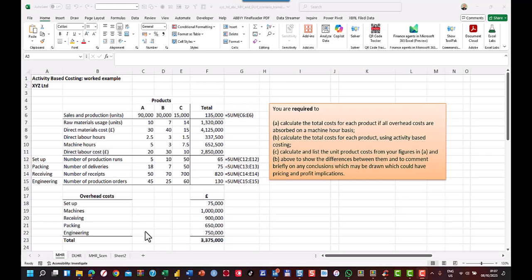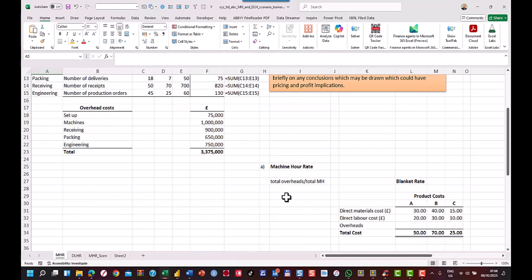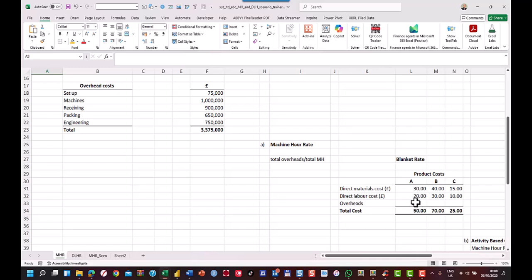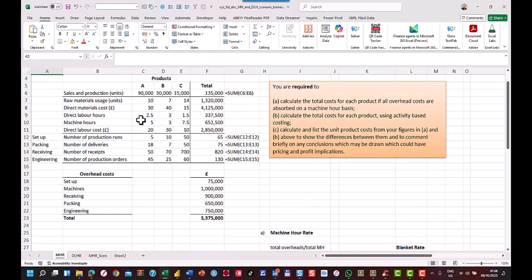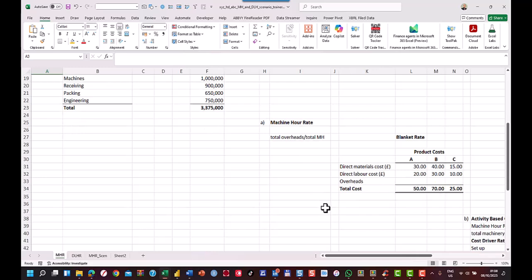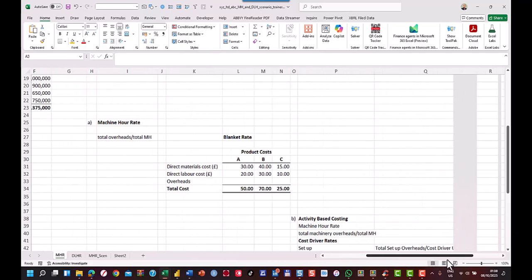Number one, it asks you to calculate production cost on the basis of machine hour overhead absorption recovery. I'm going to write down here, calculate the machine hour rate. We apply this overhead rate according to number of machine hours in this case, direct labor hours in the other case, and that gives us the traditional cost accounting total production cost.